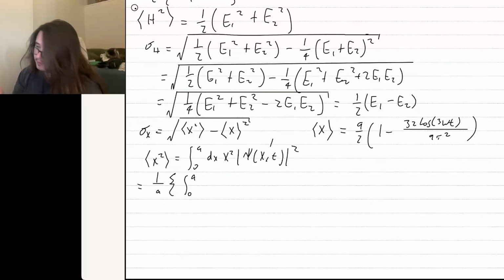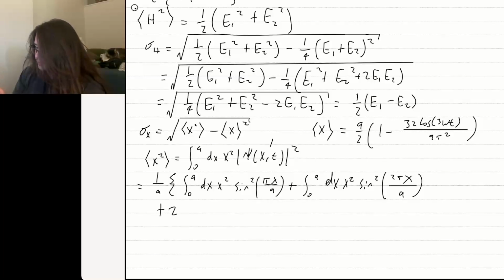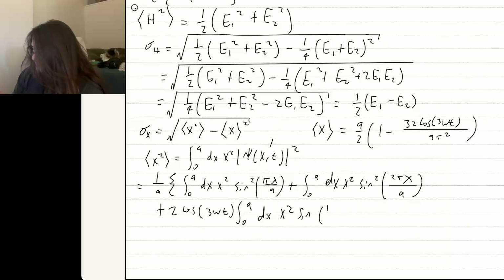But splitting up the integral, it'll be the integral from 0 to a dx x squared sine squared of pi x over a, plus the integral from 0 to a dx x squared sine squared of 2 pi x over a, plus 2 cosine 3 omega t times the integral from 0 to a dx x squared sine pi x over a times sine 2 pi x over a.